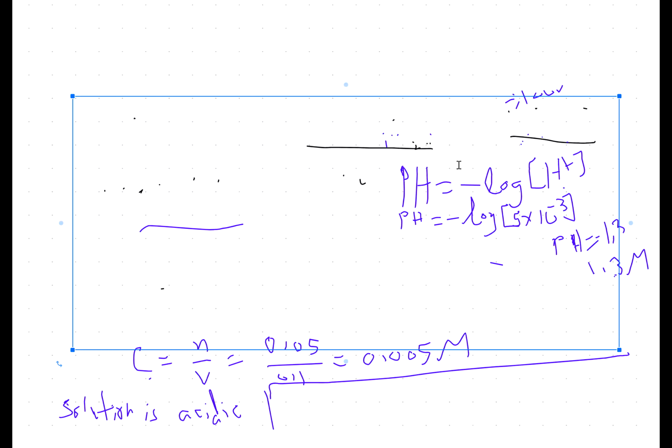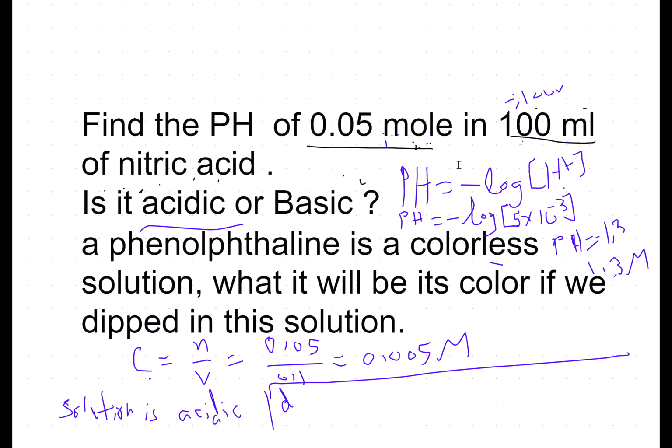Dipping phenolphthalein paper in solution gives a pink color, which means acidic.